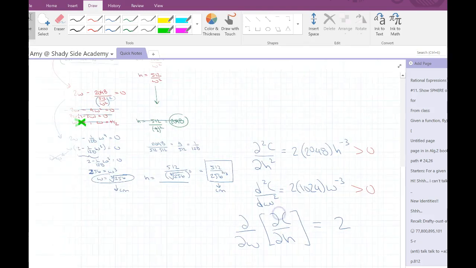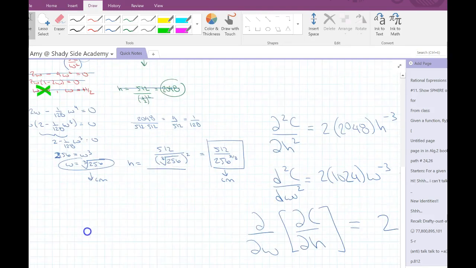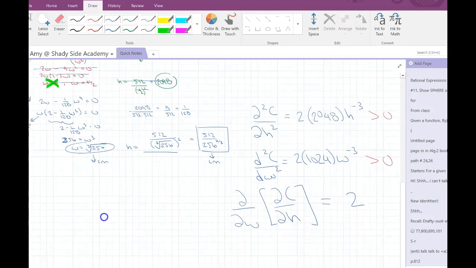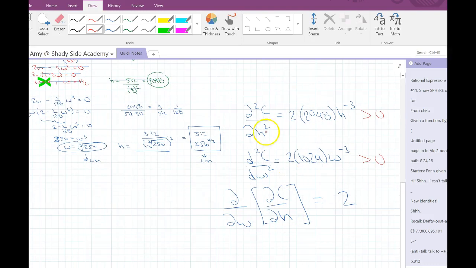Now, in case you're curious, I treated h as the x variable and w as the y variable. You can do either. I'm also noticing that the mixed partial, c sub hw, is a positive number.